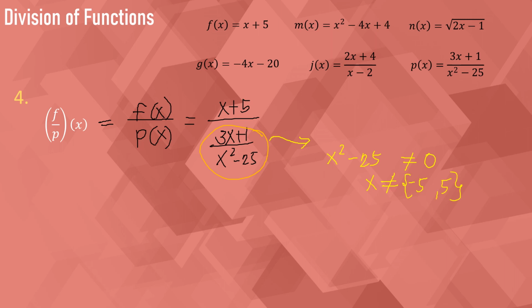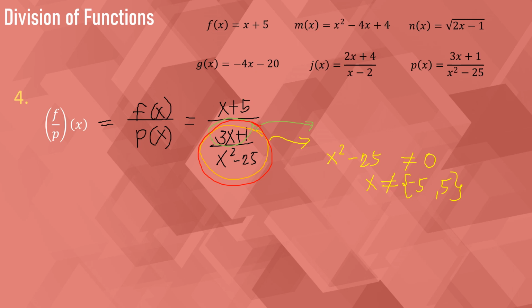Bakit? Kasi kung sinubstitute mo ang 5 or negative 5 dito, magiging 0. Bawal yun. Now, pansinin natin ang numerator. Remember that when the numerator is 0, I'm referring to the entire denominator dito.